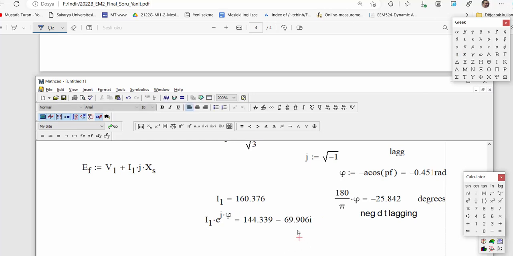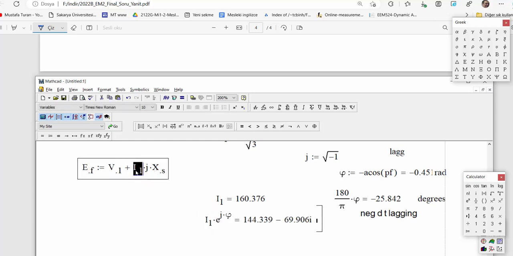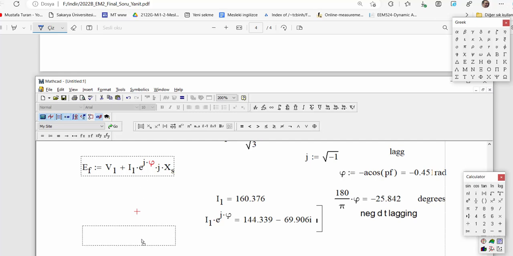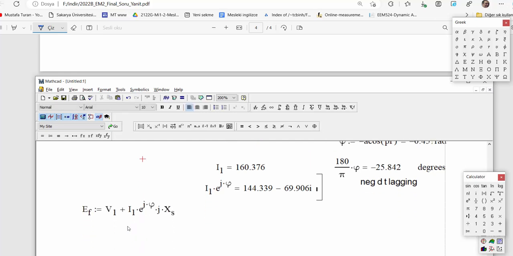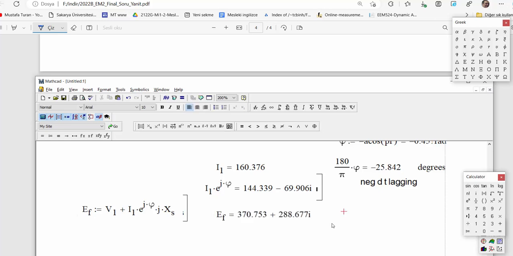As you see, it has a negative angle. Arctangent of imaginary over real makes a negative value. So I will substitute this value here and take it here. As you see, EF is calculated. EF has such a voltage.